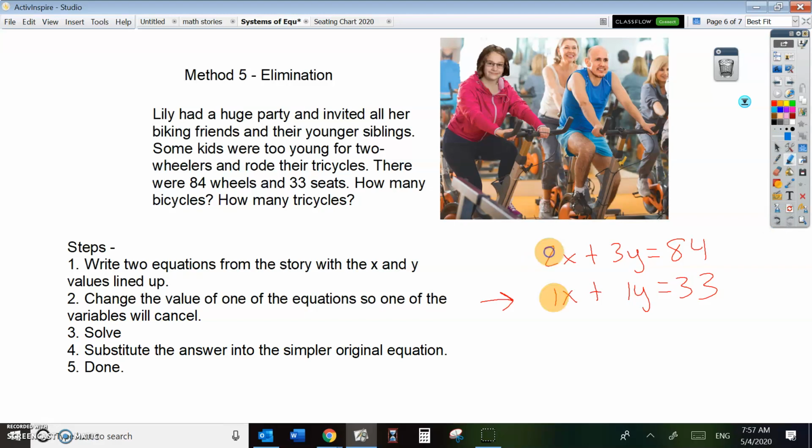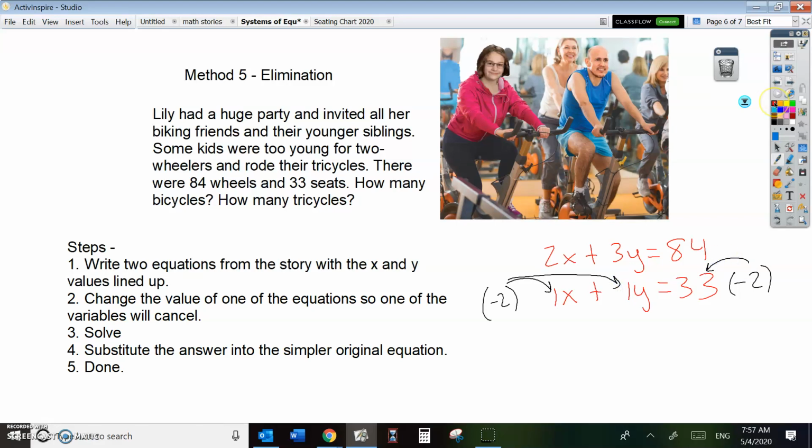1 and 2 are pretty close. So let's multiply this bottom equation by negative 2. If we multiply the bottom equation by negative 2, then we're going to change the value of everything inside that equation. It needs to all be multiplied by negative 2, so distribute to the x, and to the y, and to the 33.